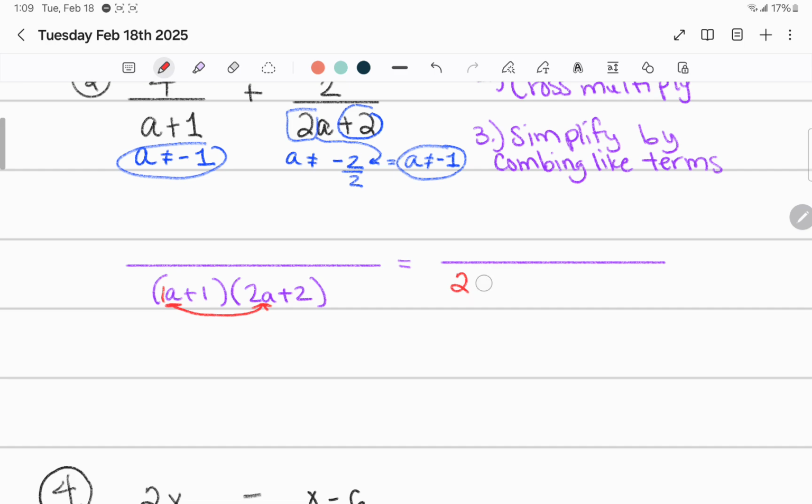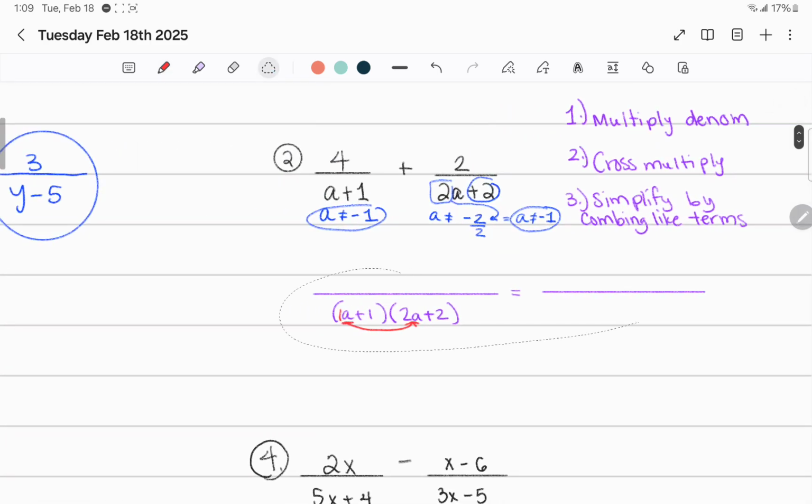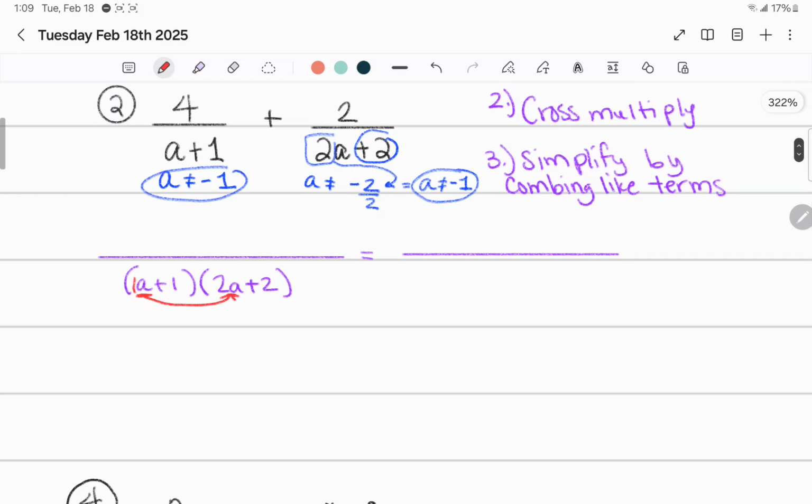And then, actually, sorry, let me write this over here. I'm trying to put the best space possible. Sorry, y'all. Okay. So we had 2a squared, 2a power of 2.